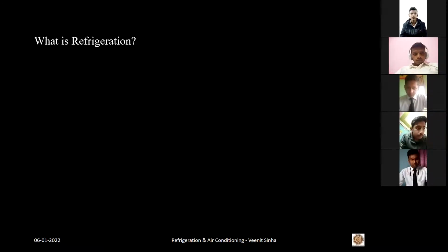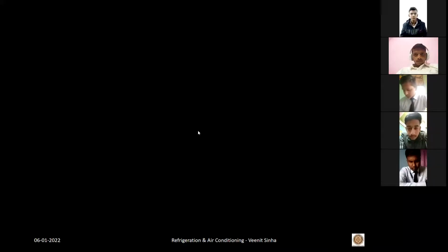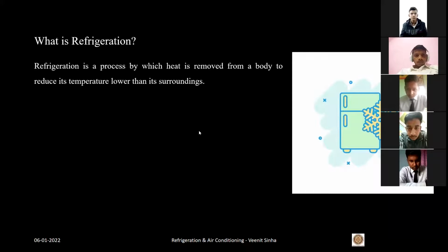So what is this refrigeration? You can see the home refrigerator which you must be seeing at your home. Refrigeration is a process by which heat is removed from a body to reduce its temperature lower than its surroundings.